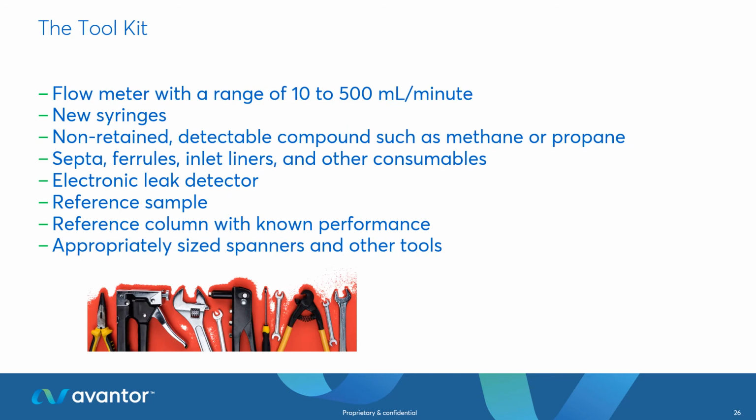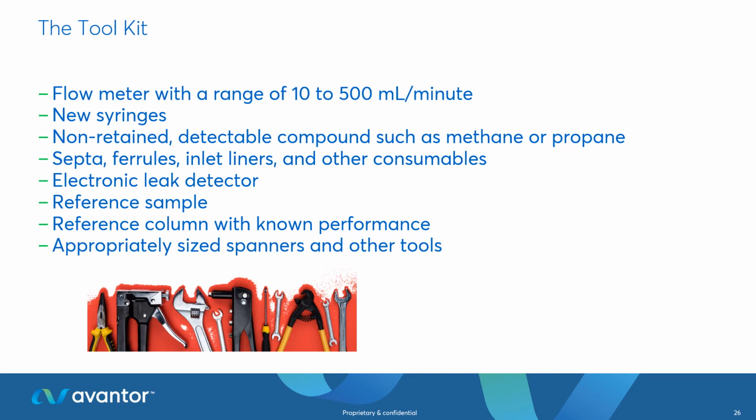As well as having an approach, it's also useful to have a toolkit, and the toolkit should contain a flow meter, a range of new syringes, and we've discussed what type of syringes we can use, a non-retained detectable compound, and there's some examples given in the slide there, methane or propane, a range of septa, ferrules, inlet liners, and other general consumables so that we can look to replace those.